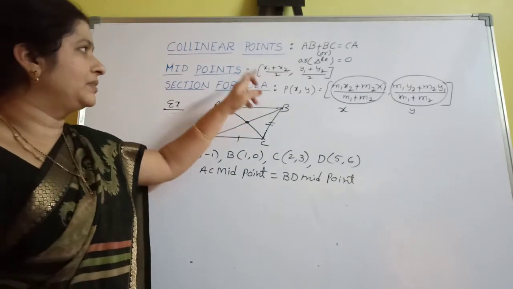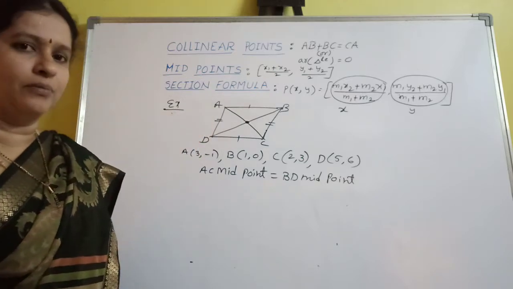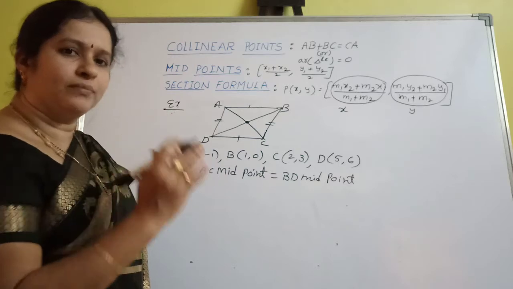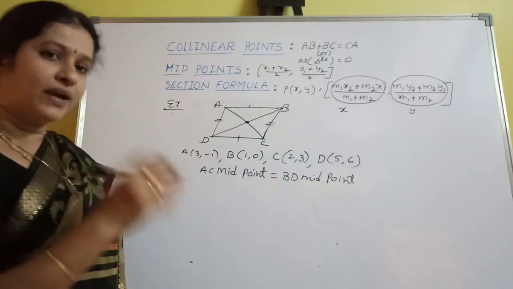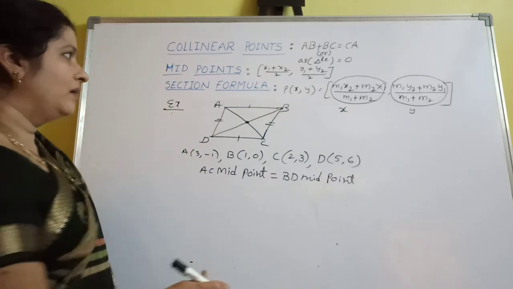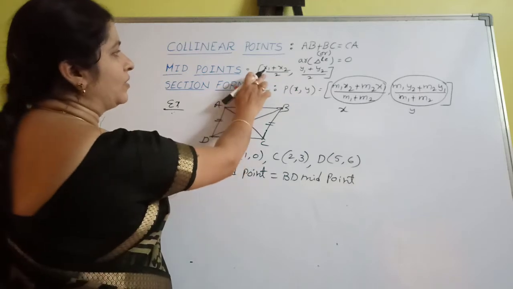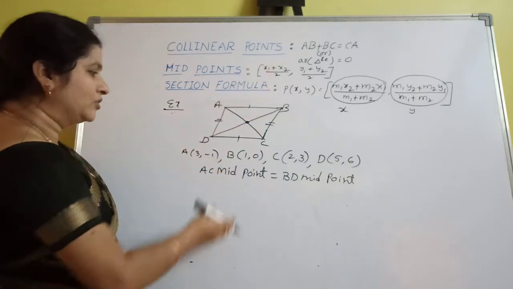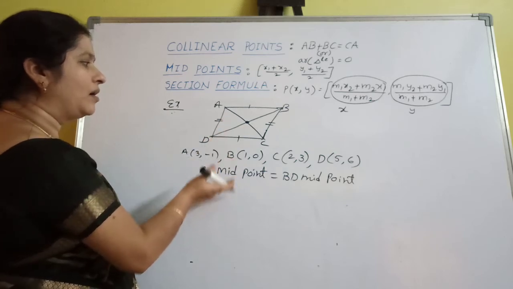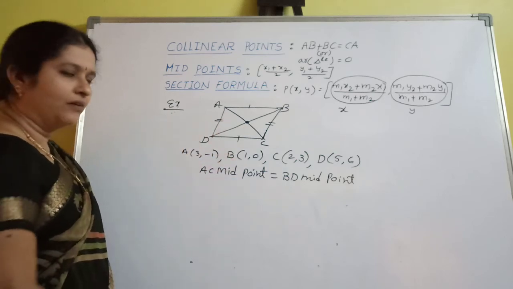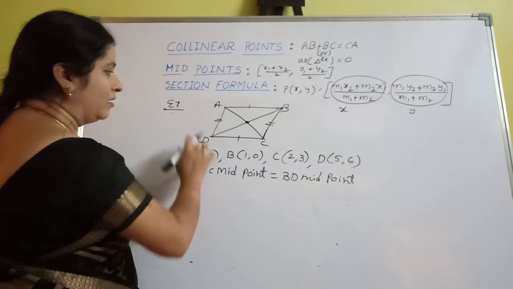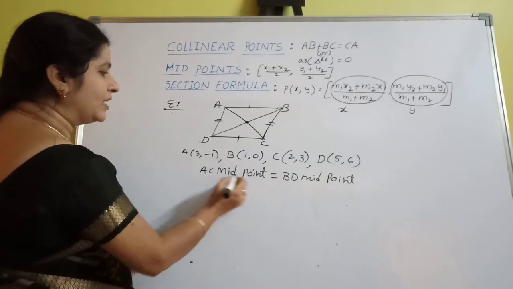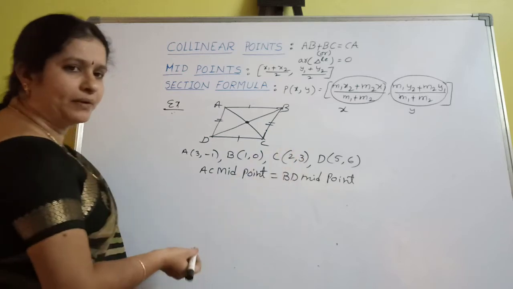Simply it is (x1 plus x2) by 2 and (y1 plus y2) by 2. What is the distance formula? Square root of (x2 minus x1) whole square plus (y2 minus y1) whole square. It is slightly more difficult than the midpoint formula. So using the midpoint formula, you can easily find the midpoints of the diagonals.